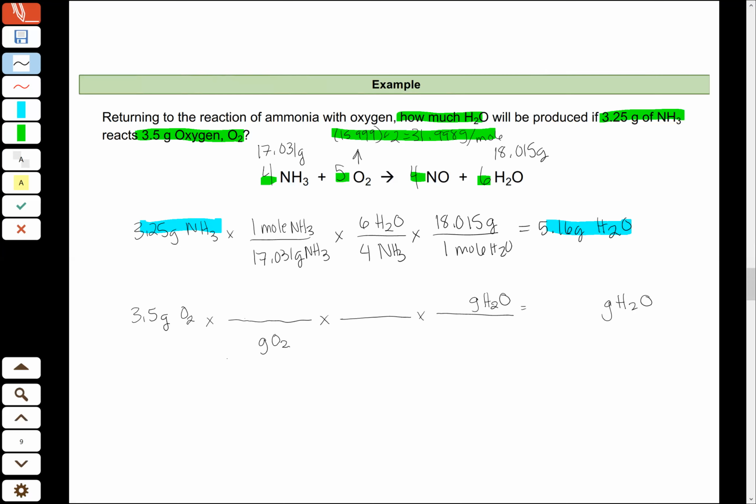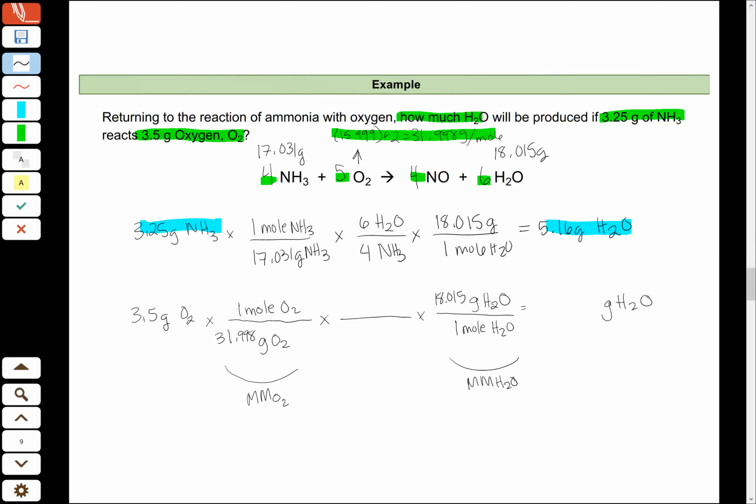So that means for these two steps, the first one and the last one, I need to use the molar mass. First oxygen and then the molar mass of water. So I'm going to go ahead and put those in. In 1 mole of oxygen, I just calculated that it will weigh 31.998 grams. And in 1 mole of water, I calculated before, it will weigh 18.015 grams. Okay, now I've got my molar masses in there.